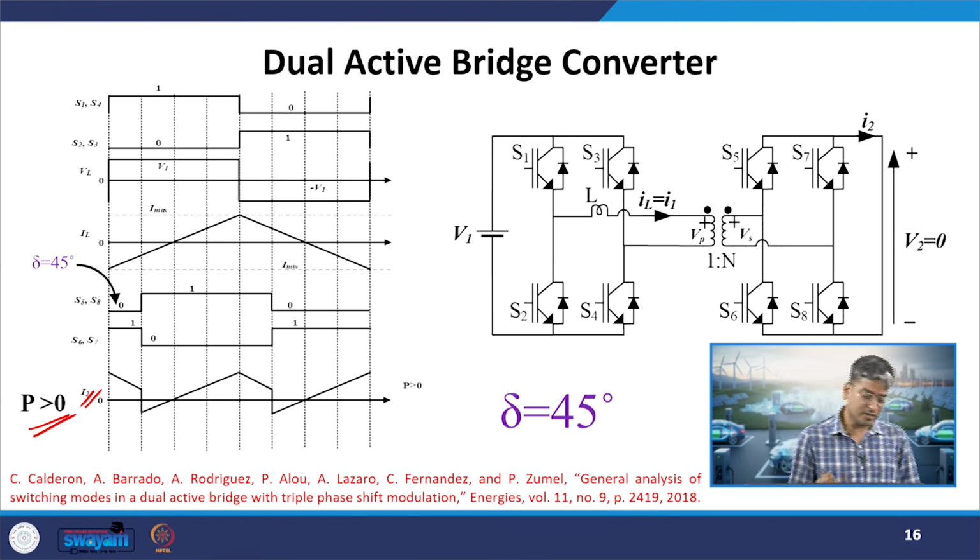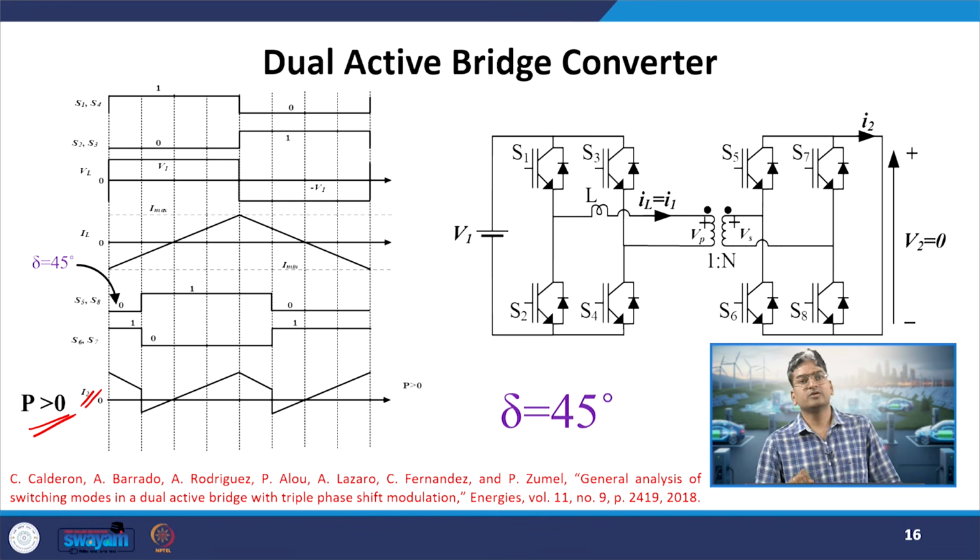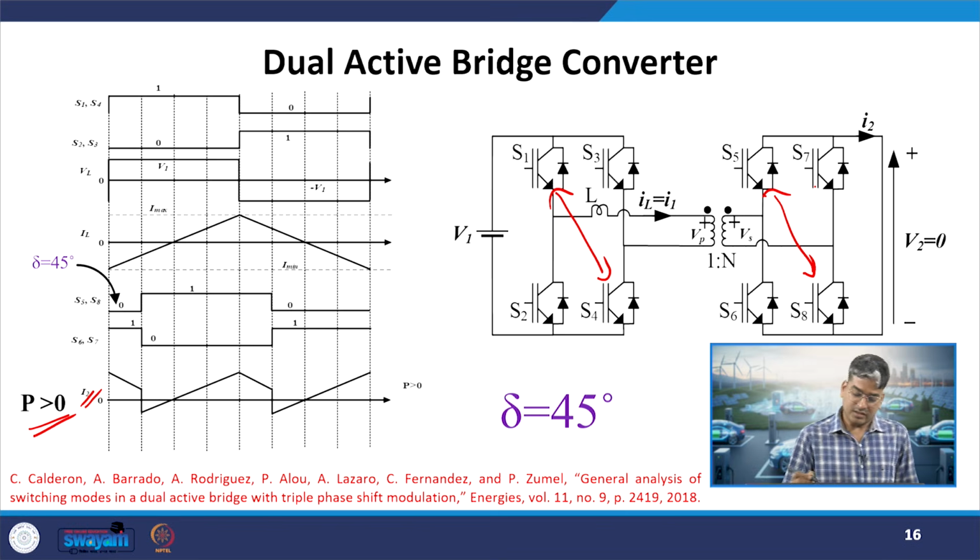Now here, if you see, we have 4 different equivalent circuits. In the previous case, when delta was 0, we had 2 equivalent circuits. What were those? When S1 and S4 were on the primary side, at that same point of time S5 and S8 were on the secondary side, and when S2 and S3 were on, similarly S6 and S7 were on the secondary side bridge.